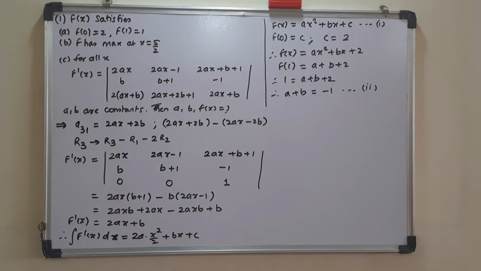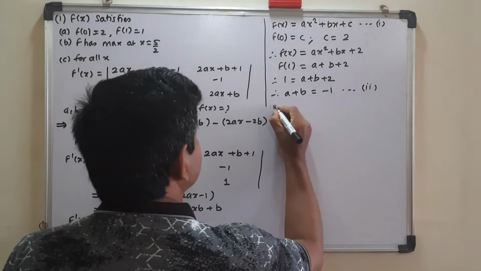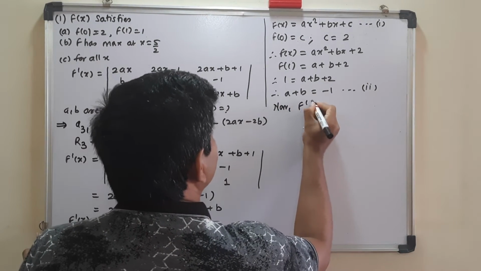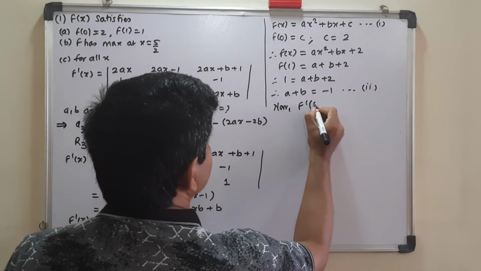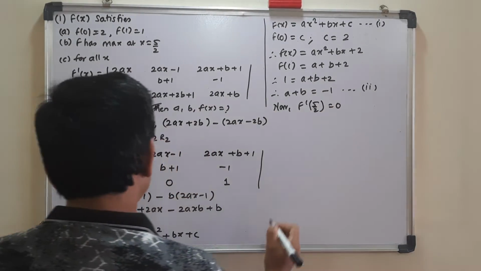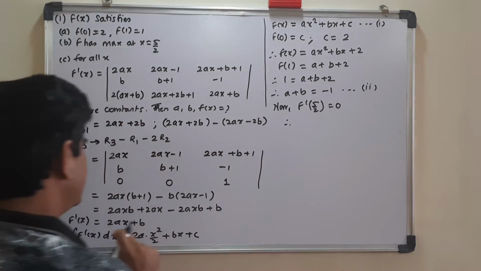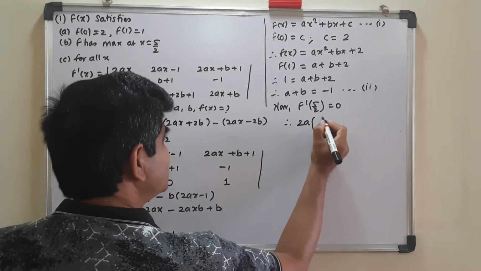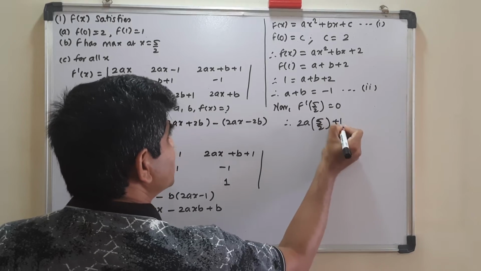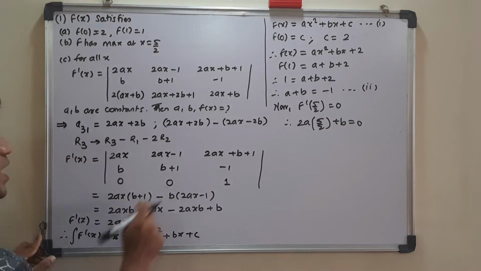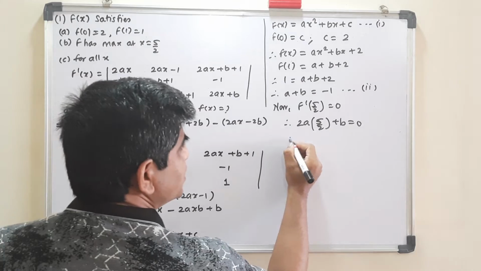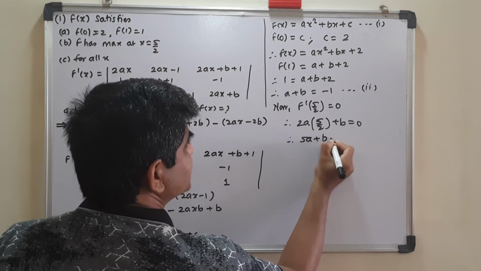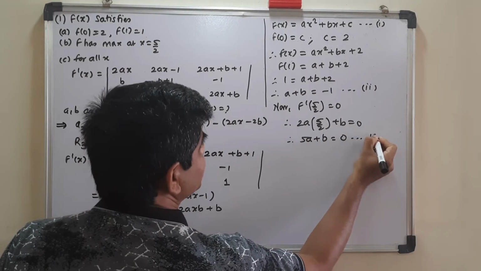So now f dash at 5 by 2 will be equal to 0, where this is your f dash x over here. So it is 2a into 5 by 2 plus b is equal to 0, indicating 5a plus b is equal to 0.